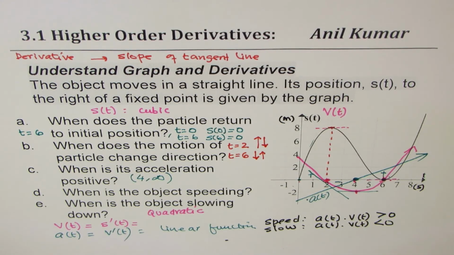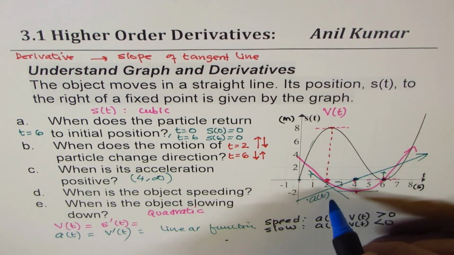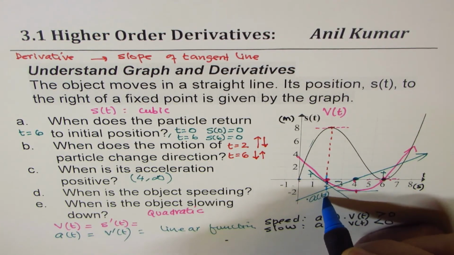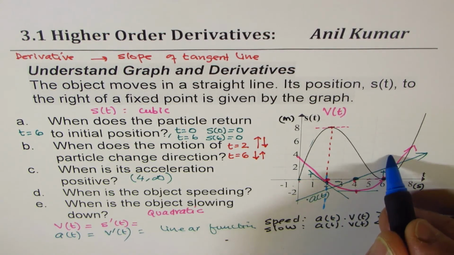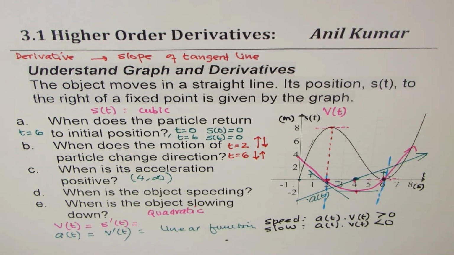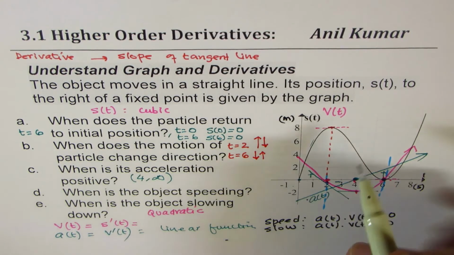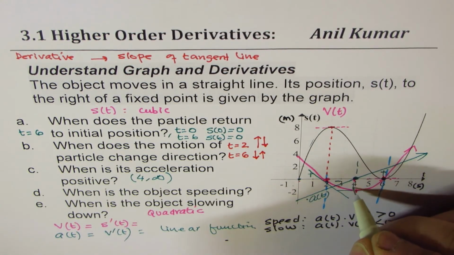So basically, we have to consider the points where both are positive or both are negative for speeding. So let's draw a few lines which can help us. So these are the zeros for the velocity, and now let me draw 0 for acceleration also.